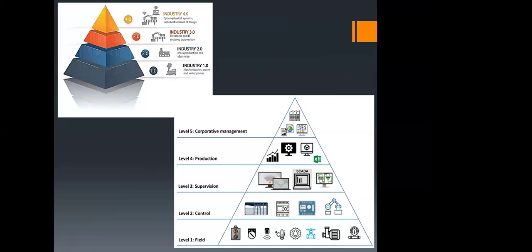Now, this is a pyramid. The upper part shows the industrial revolutions and how technological advancement has taken place in different stages.